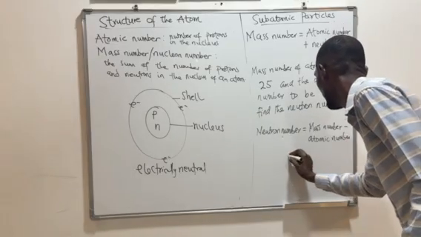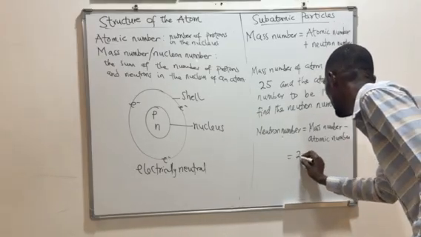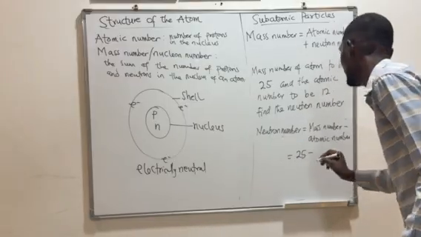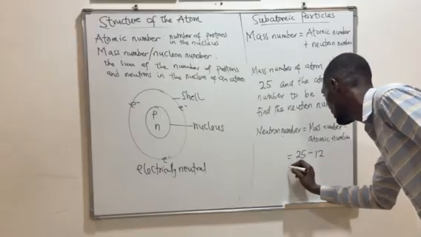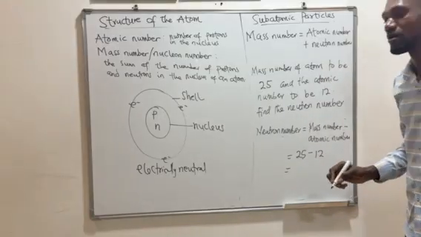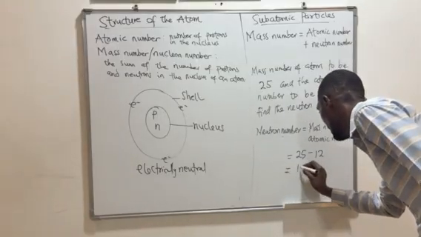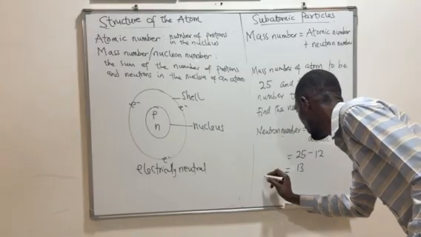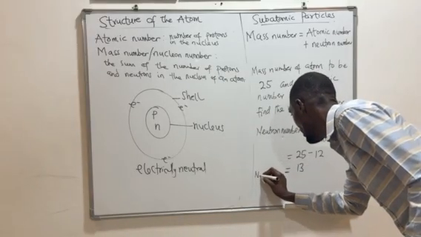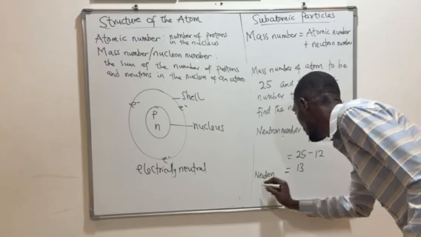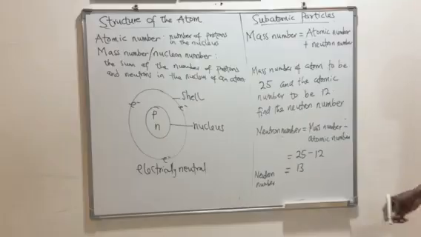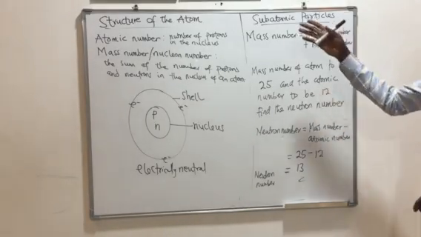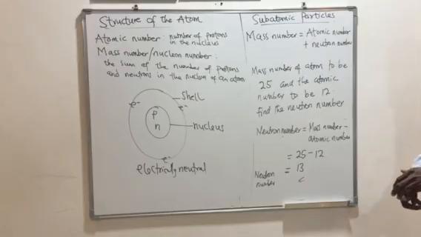So here the mass number is 25 minus the atomic number, which is 12. 25 minus 12 gives us 13. So the neutron number for this atom is 13. And this is how to find the neutron number when you are given the atomic number and the mass number.